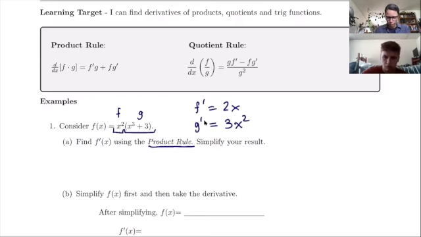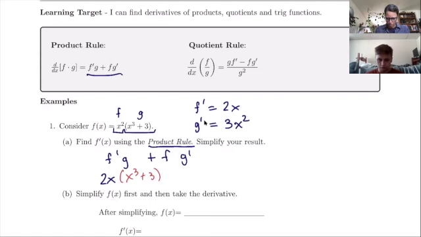Okay, so now the product rule tells me to do f prime g plus f g prime. So I just grab f prime, which is 2x, and then g was x cubed plus 3. And then I grab f, which was x squared, and then I grab g prime, which is 3x squared.